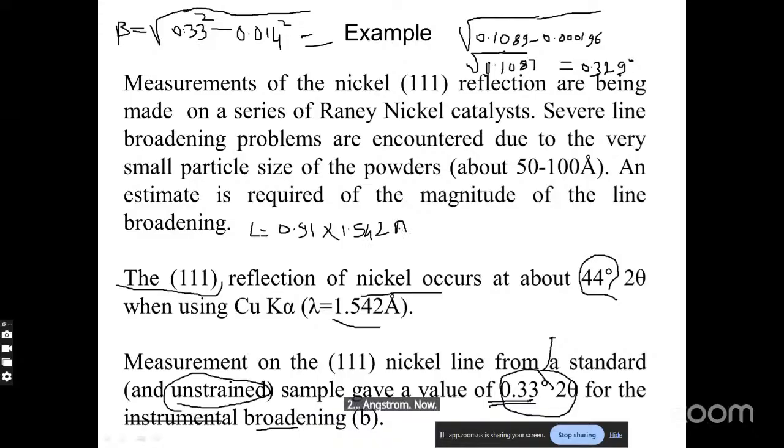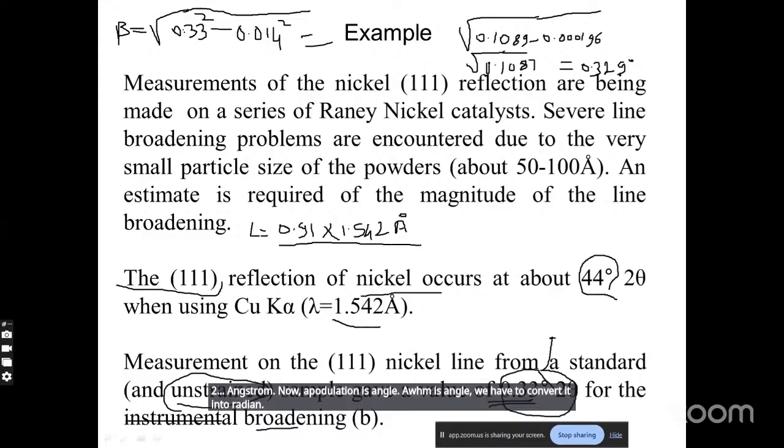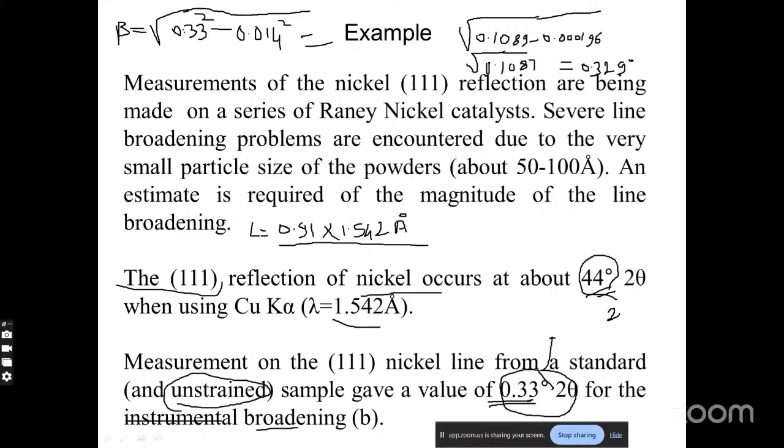Now FWHM is an angle, so we have to convert it into radians. Now for cos theta, 2 theta is 44, you divide it by 2, so it will be 22. Cos of 22 will be 0.927.